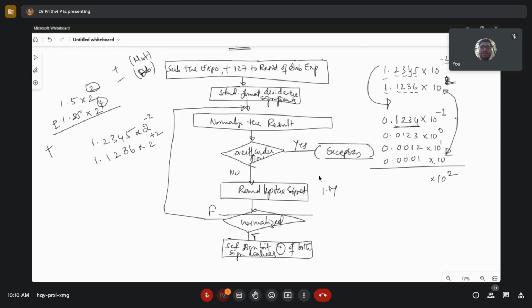Now instead, say I move this information one bit towards the left, what will I get? 10 power 1.